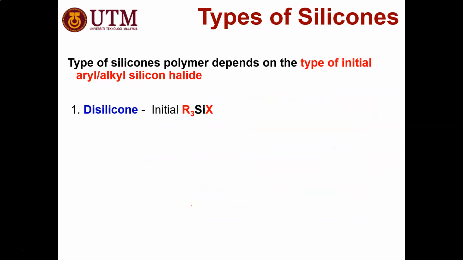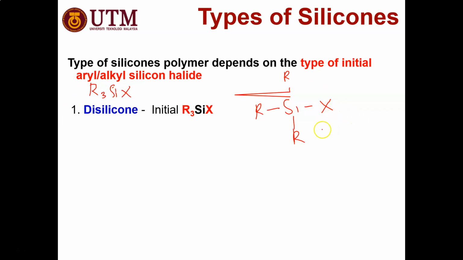Okay, kenapa saya cakap this is a very popular question dan you have to understand. So, starting material kita kalau dia ada satu je X. Okay, so kalau dia ada satu X sahaja, so kita ada R, R, R. Saya lagi suka kalau awak lukiskan keluar rather than awak tulis R3SiX.